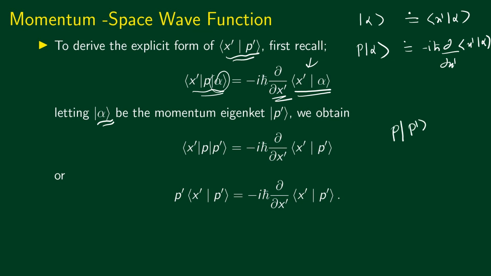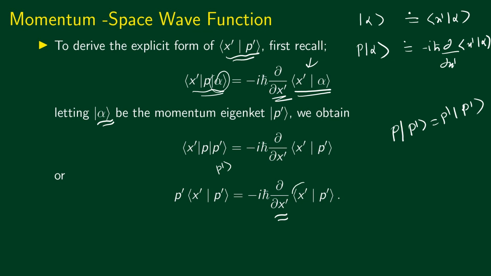P acting on ket p prime is p prime multiplied by ket p prime. So this now is a number, I can pull it outside. So this becomes p prime bra x prime ket p prime is equal to minus i h bar partial derivative with respect to x prime of bra x prime ket p prime.